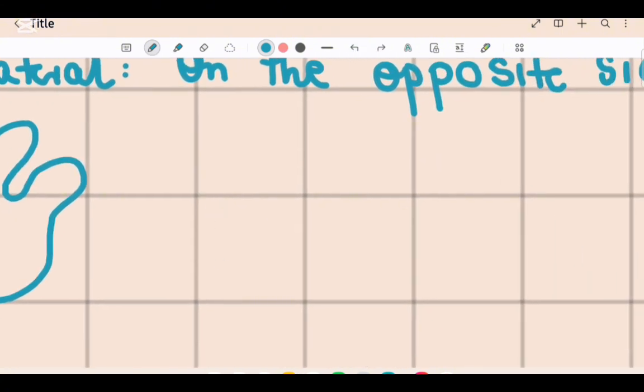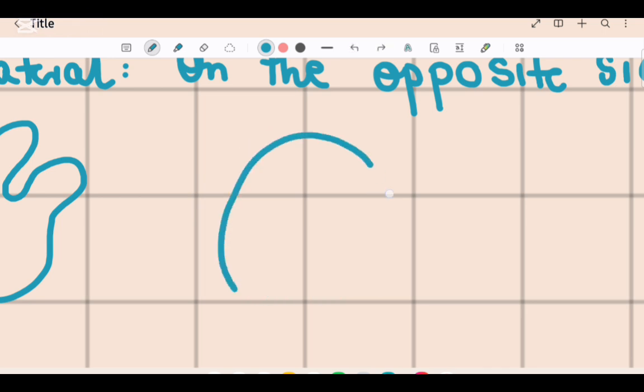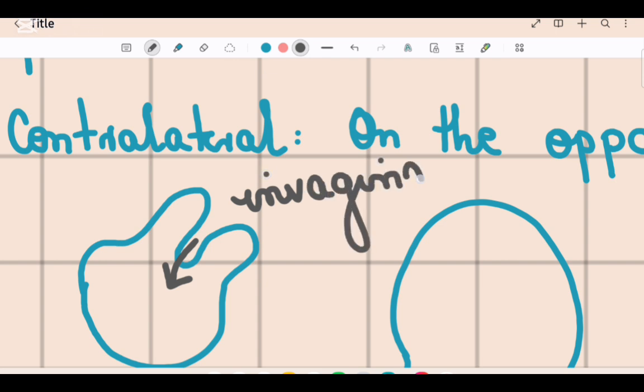Okay, so anything that is basically going inward is called an invagination. In means inside, so basically it's a projection inside.